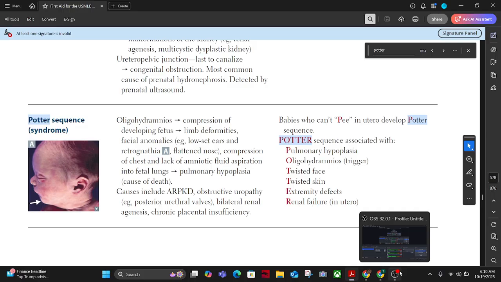Or bilateral renal agenesis, which means that you don't have kidneys, so obviously you cannot produce pee. Okay. Next question.